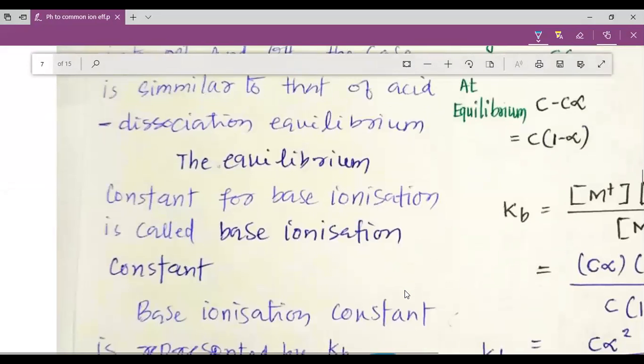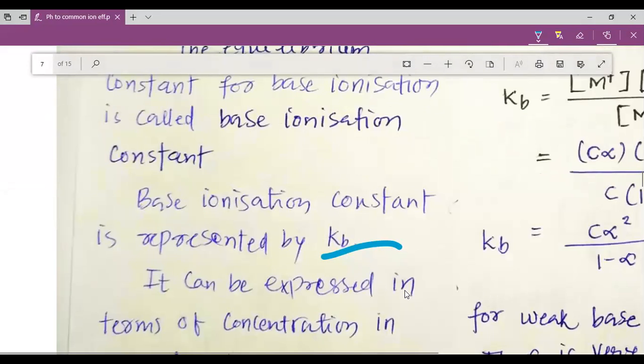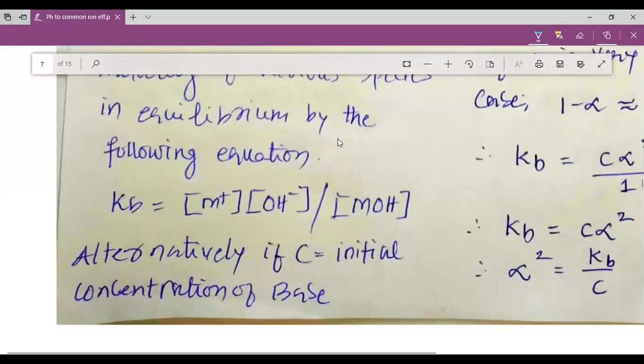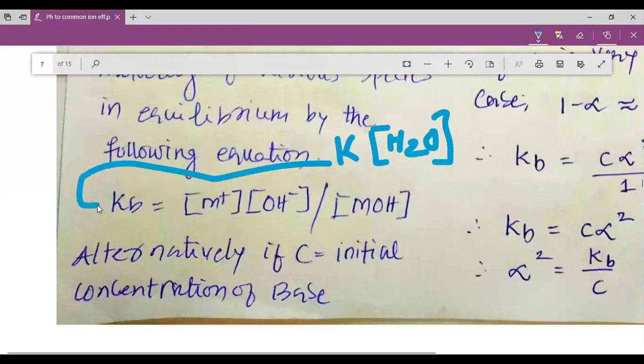But please remember that your Kb is nothing but the equilibrium constant K multiplied by the concentration of water. That is what gives us Kb.